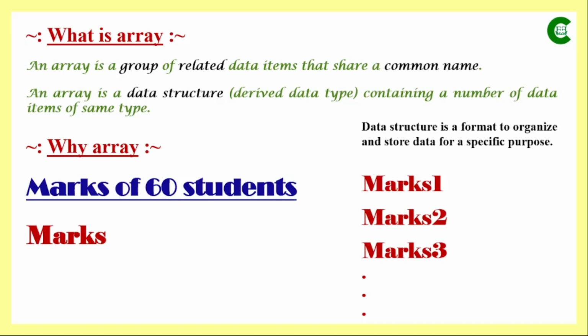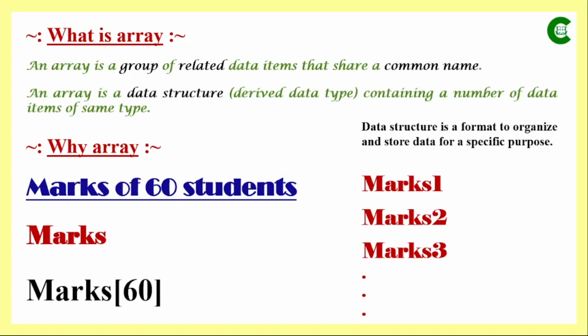No. Suppose we want to store the marks of 3000 or 5000 students, or suppose we want to store the salary of 5 lakh employees of a big organization. Will we declare 5 lakh variables of the same type in our program? No, this is not at all a good programming approach. It will be very difficult to manage all those variables and their processing, and it will be a huge number of lines of code. Then what is the solution?